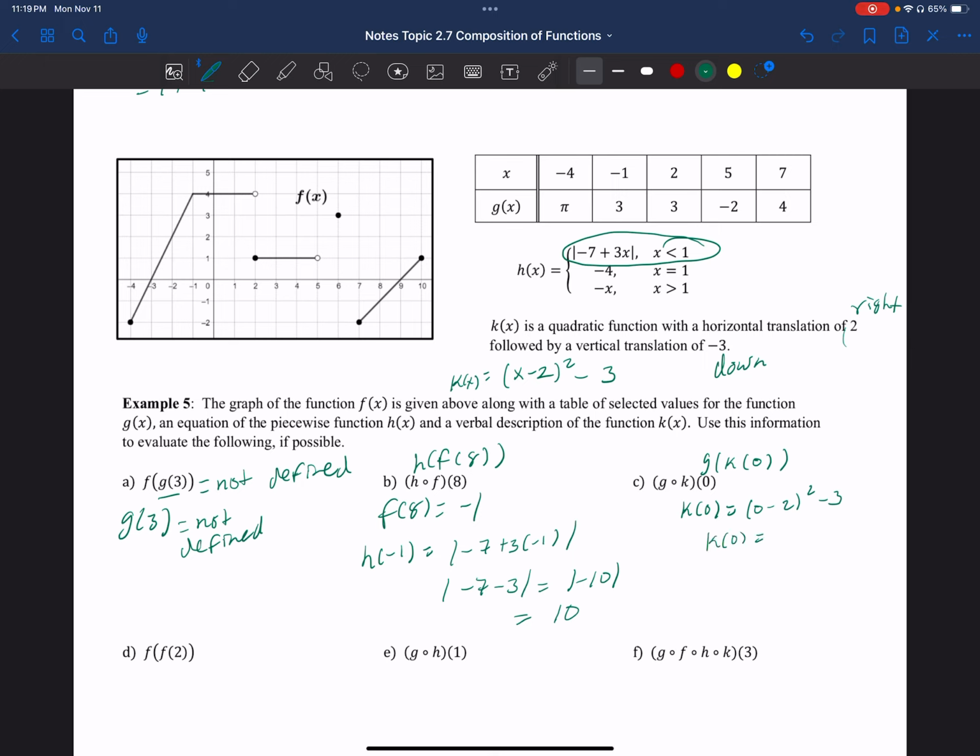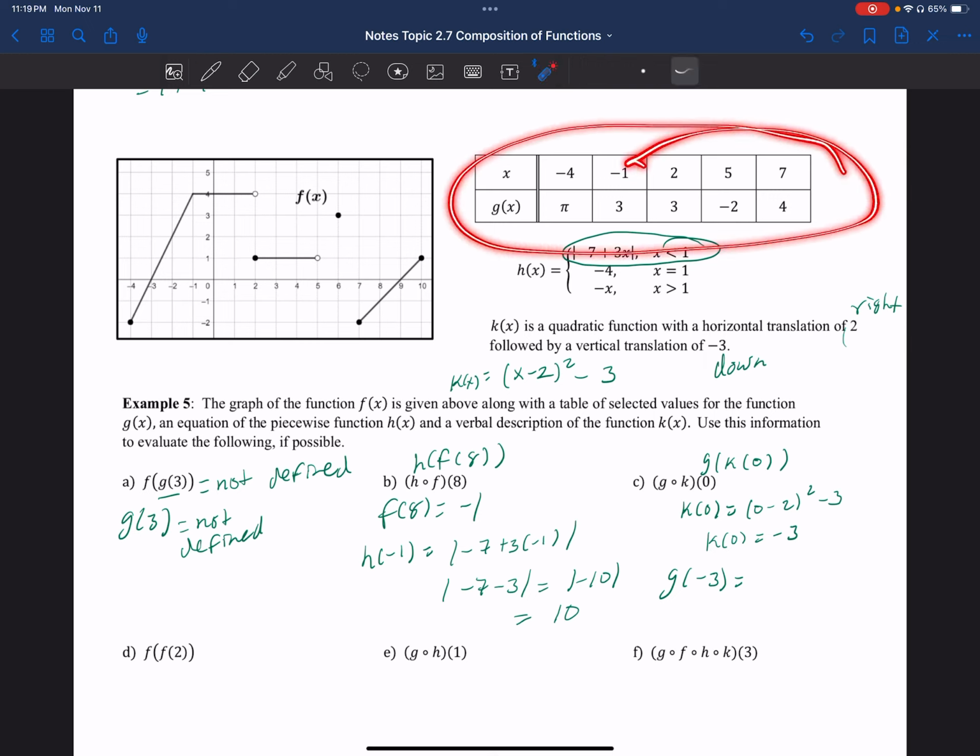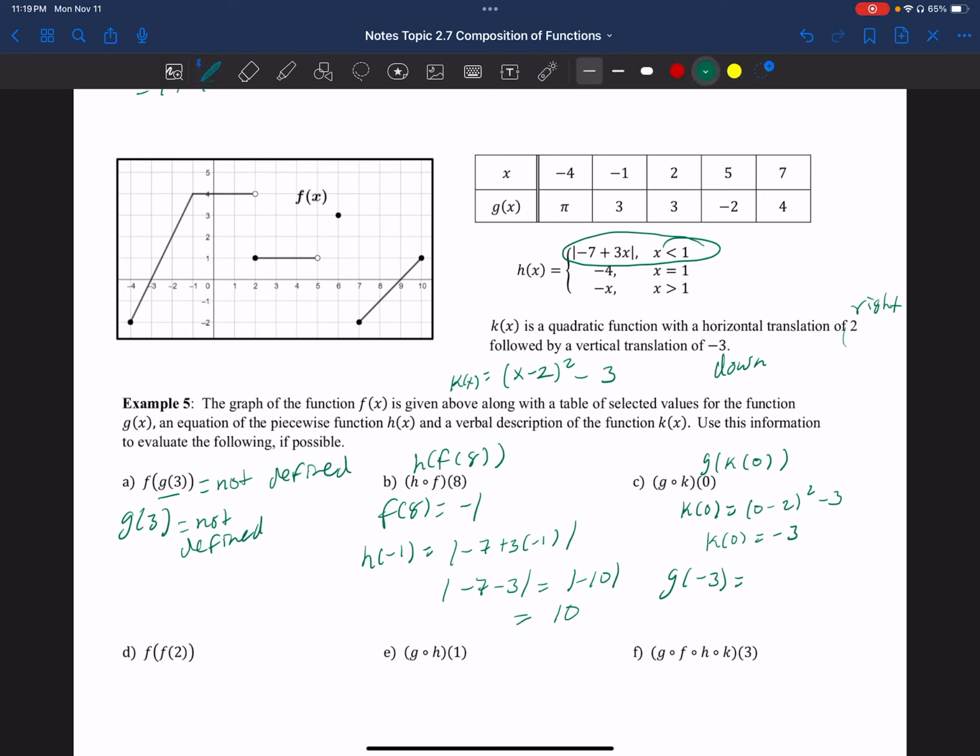So k of 0 is -3. And then I'm looking for g of -3. So plug in -3 into g. And then again, g is the table. I don't have -3 on my table, so I'm going to say not defined. And then that will also be my answer for C, not defined.